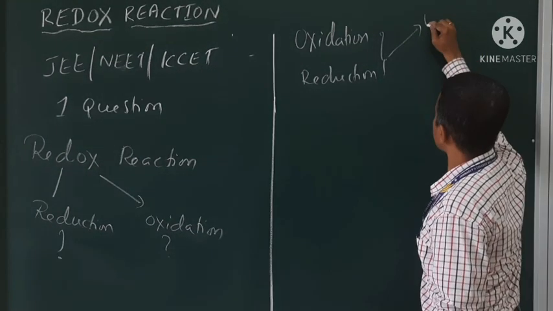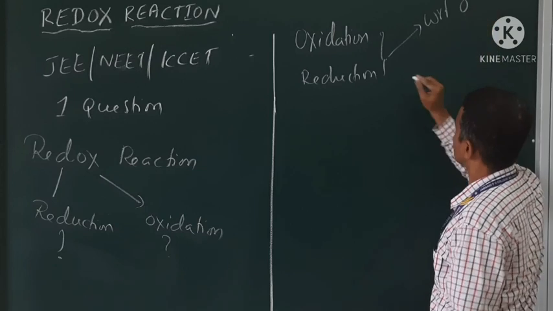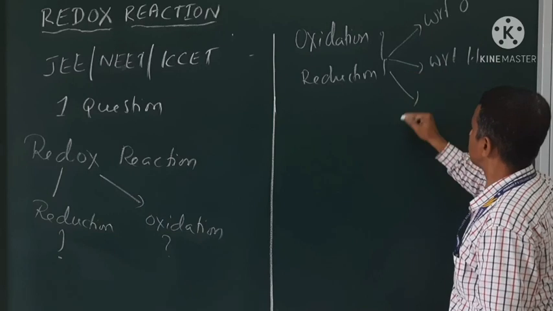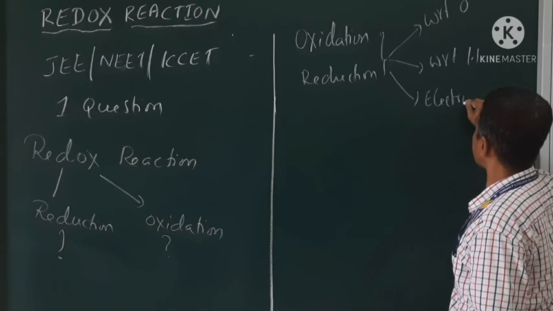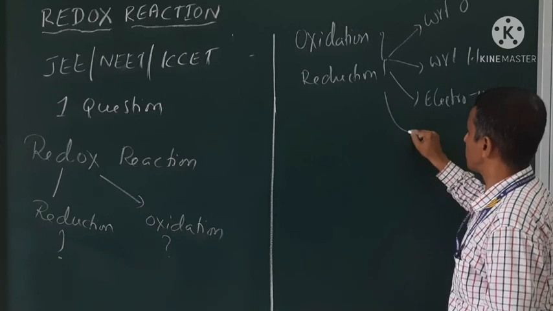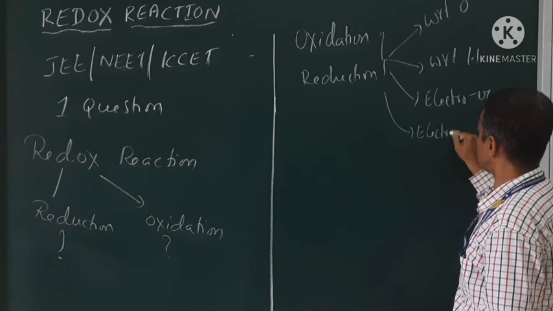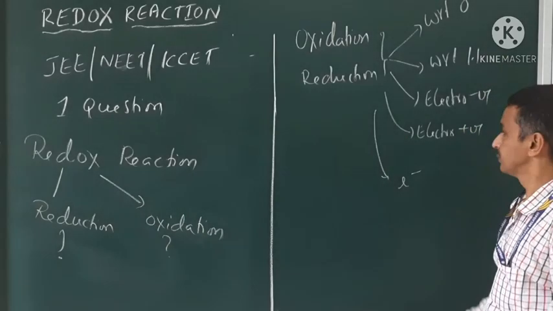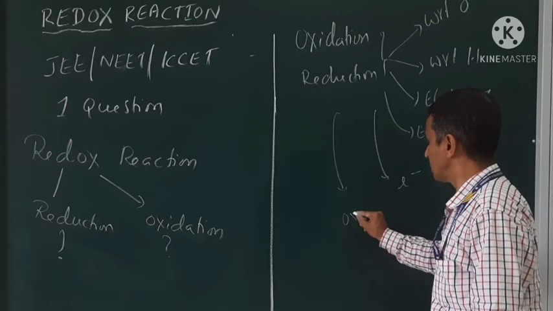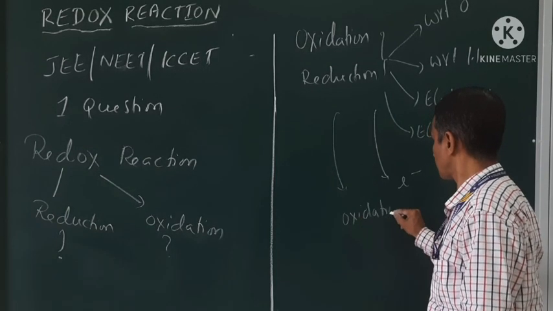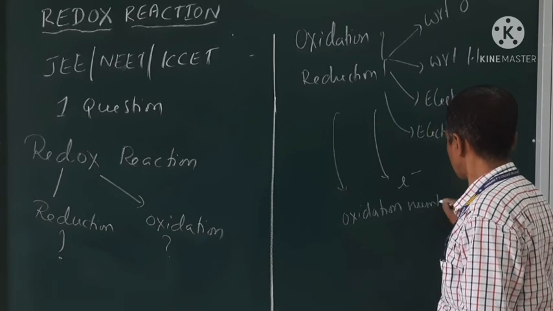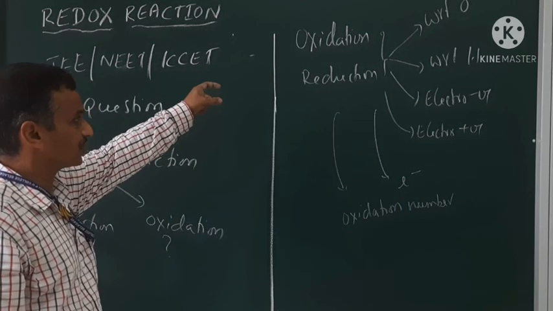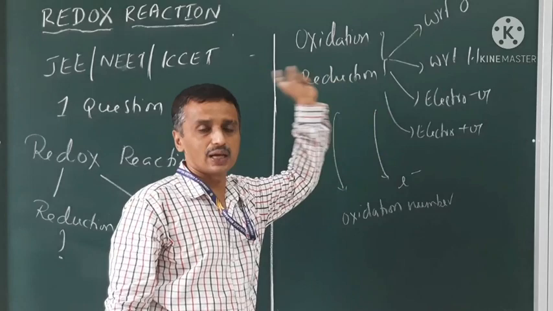It may be with respect to oxygen, it may be with respect to hydrogen, it may be with respect to electronegative element, it may be with respect to electropositive element, it may be with respect to electron, it may be with respect to oxidation number. So, all these definitions of oxidation and reduction we have to study with examples.